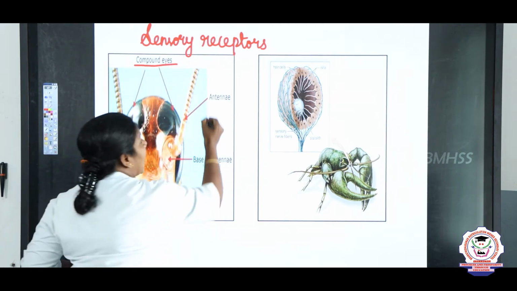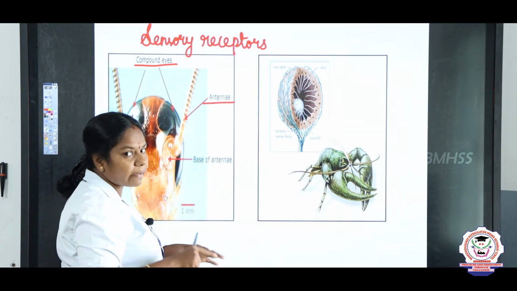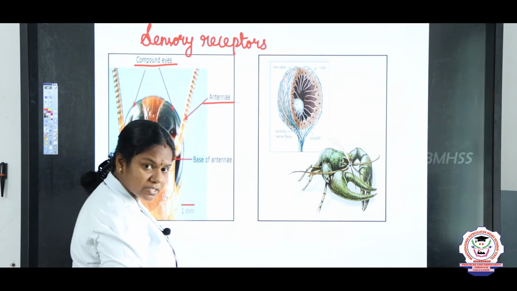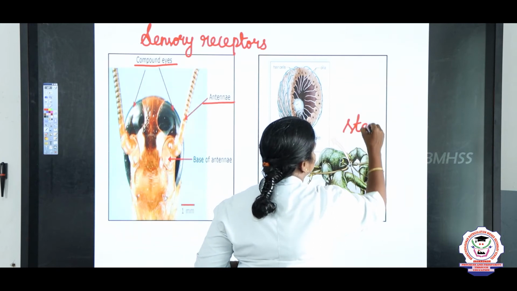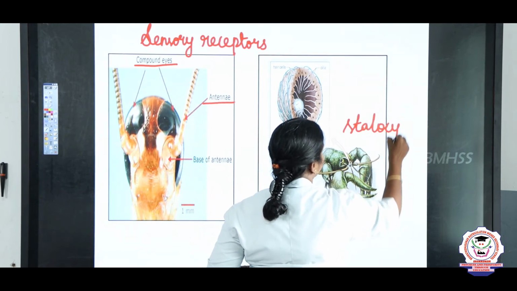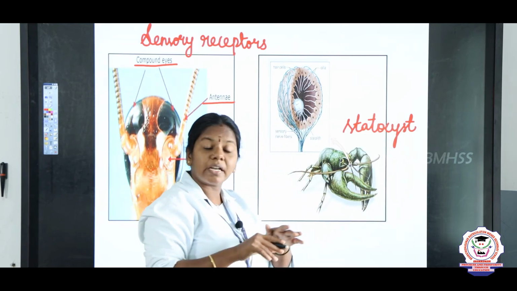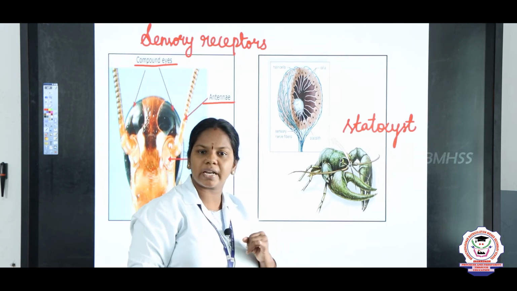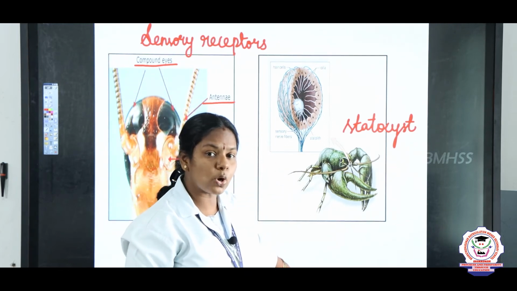Next one, antenna. Antenna is used to sense the environment, right? Vibrations can be felt through this antenna. And some of the sense organs we call statocyst. Statocysts help in balance. They maintain the organism in equilibrium. So, what are all the sense organs? Compound eye, antenna and statocyst.